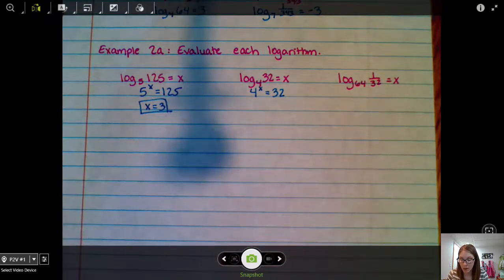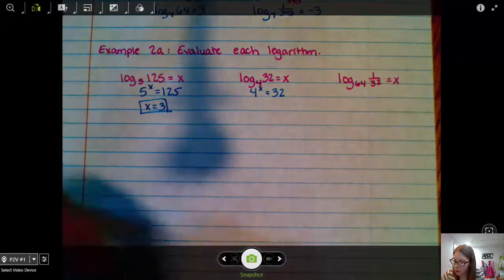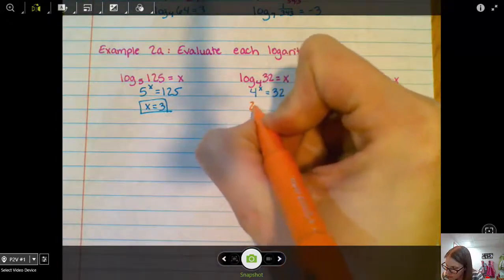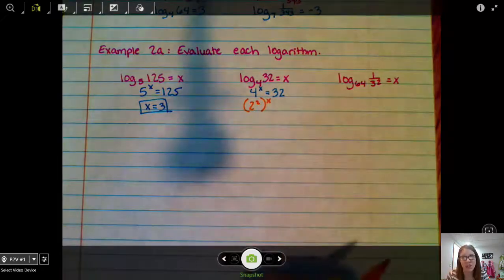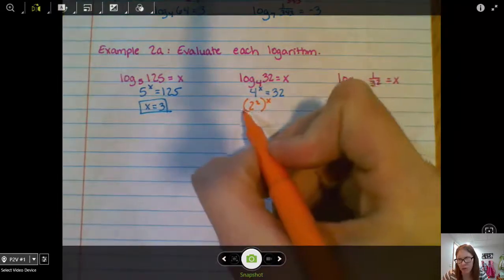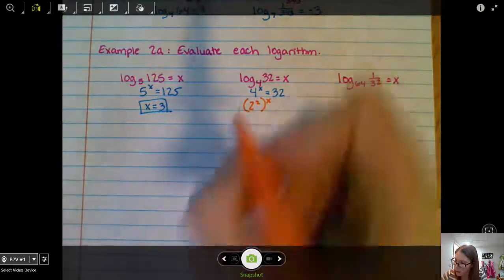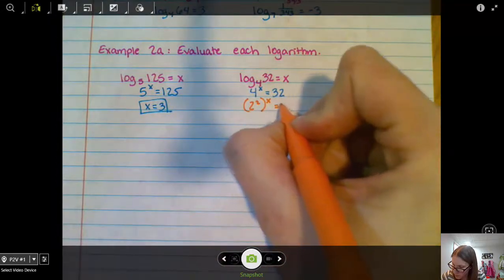Well, something that you might notice is that I could rewrite 4 as 2 squared. That's really 2 squared to the x power, because 2 squared is 4. Okay, nothing is really different here. Equals 32.